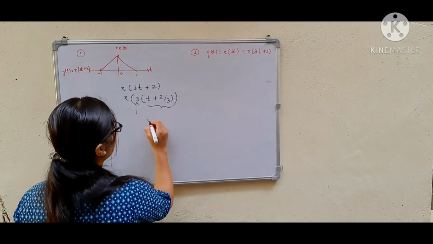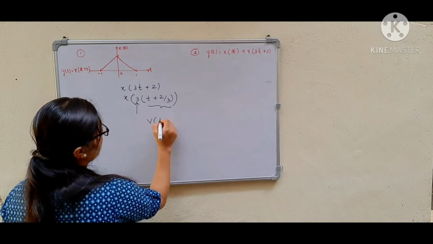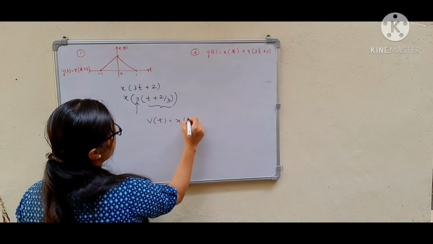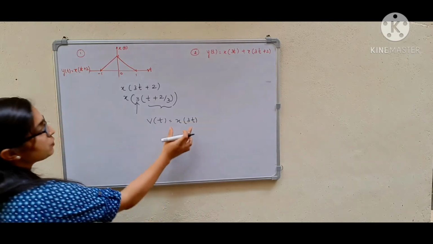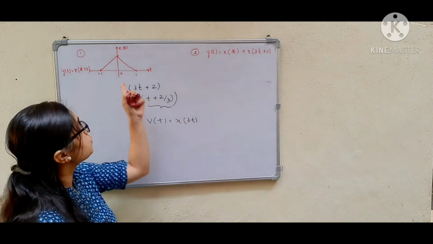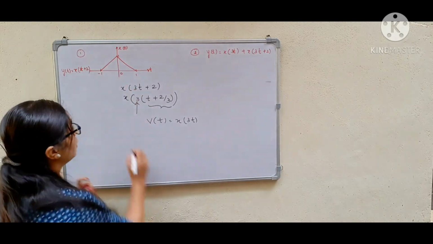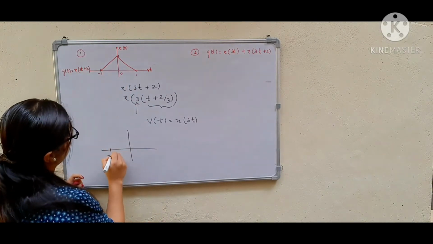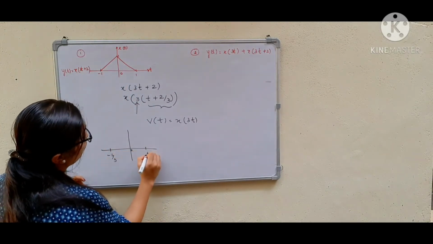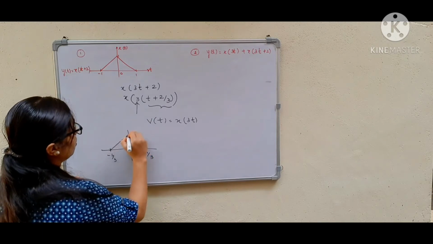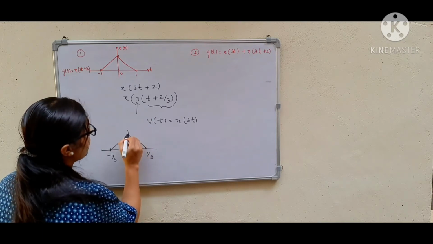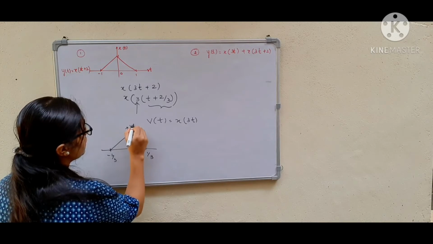So first I will consider v of t equal to x of 3t. That means we get the compressed version of this signal first, that is -1 by 3, 0, 1 by 3. The amplitude will not be changed. It is the same. So this is your v of t.